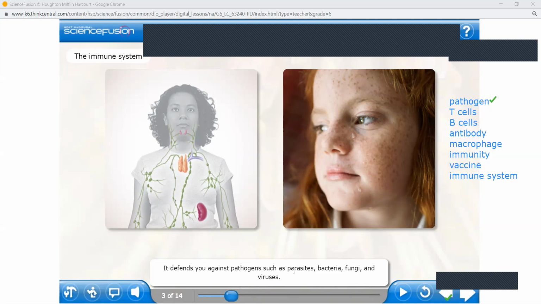Now, I told you there is a defensive system that defends you against those pathogens, external and internal. So what are the things externally present that have the ability to fight, and what are the ones which are internal? Do you remember yesterday I told you external and internal?